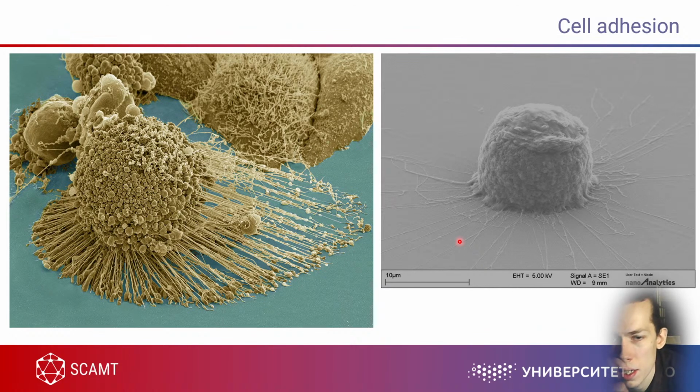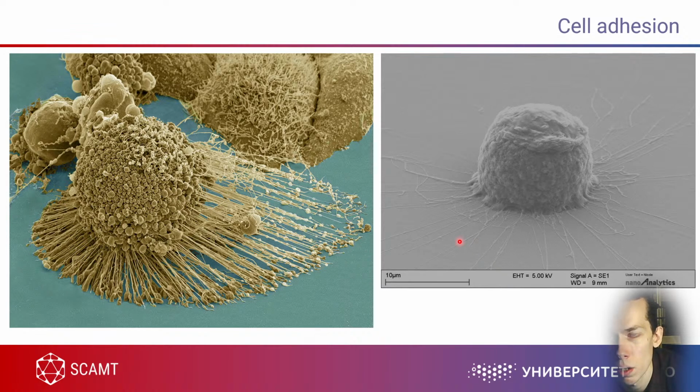Some of the cells can detach from a solid tumor and travel with the bloodstream to another part of the organism and form another tumor. So it can be called a metastasis. And our organism has a natural defensive ability to prevent this, and this ability is connected with the loss of cell adhesion.